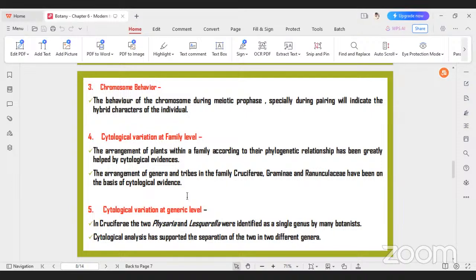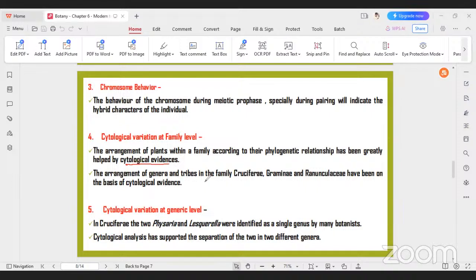And cytological variation of the family. The arrangement of plants within a family according to their phylogenetic relationship has been greatly helped by cytological evidence.